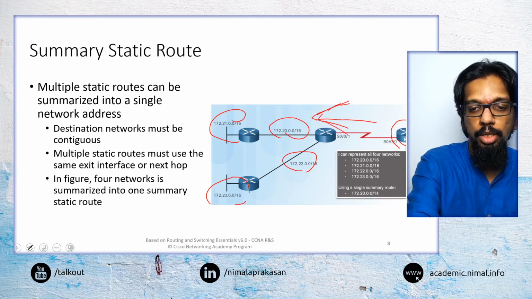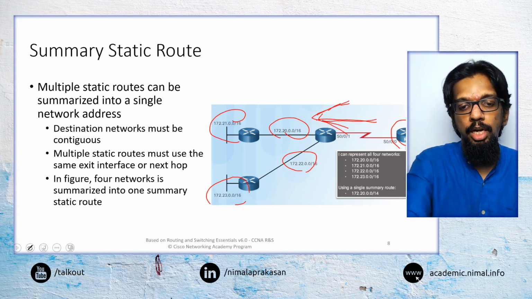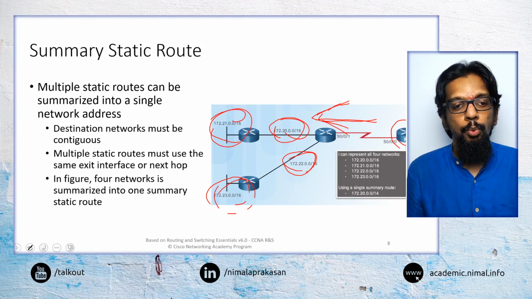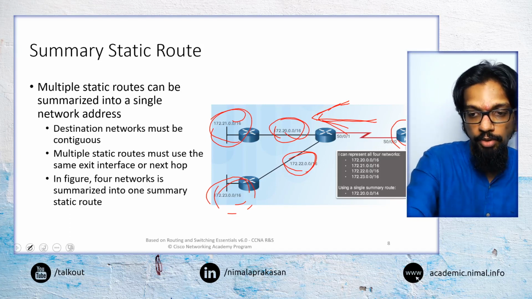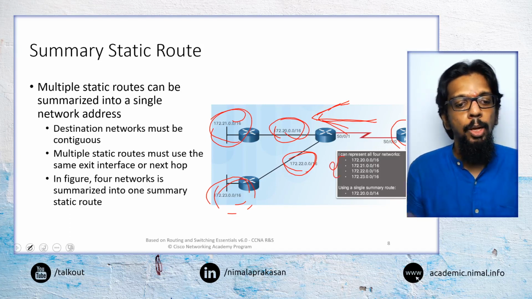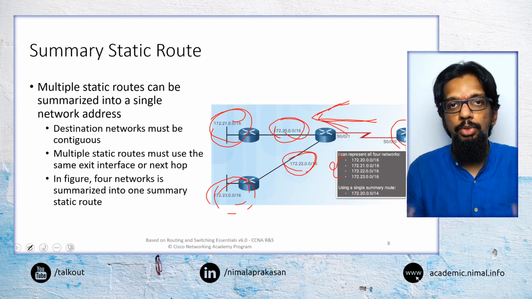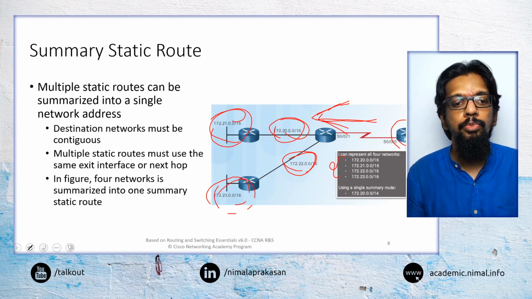With these 4 networks, one of the other things we can identify is that they can be grouped together as a network. They are sub networks that can be combined together.